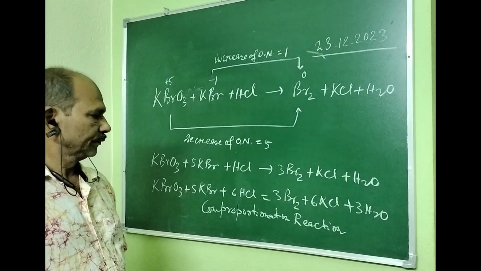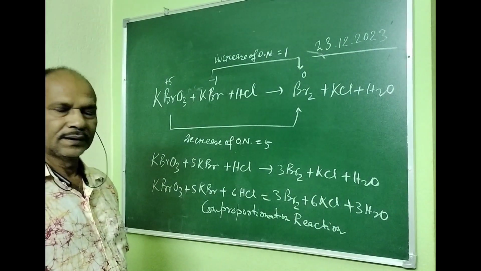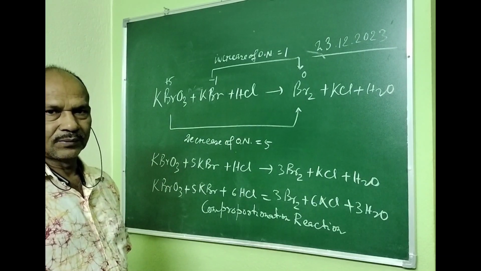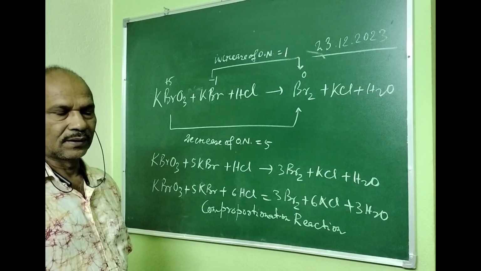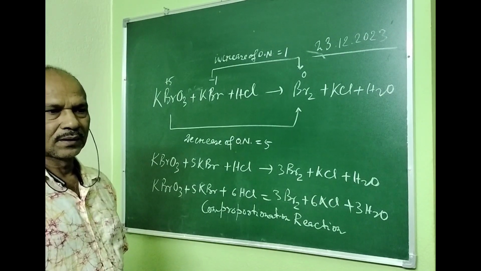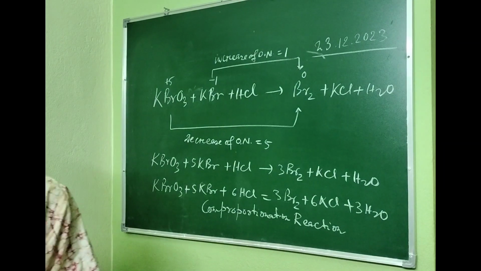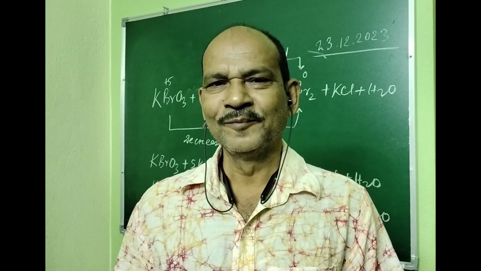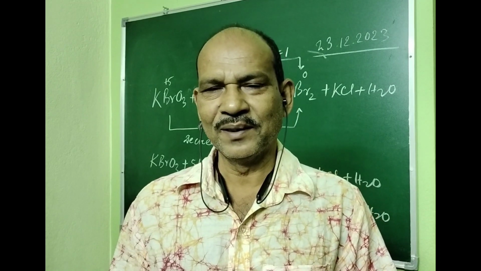But in comproportionation reaction, from different oxidation states, one is increased and one is decreased to the same oxidation state of the element. This type of reaction is called comproportionation reaction. So this is all about balancing the chemical equation by the oxidation number method.